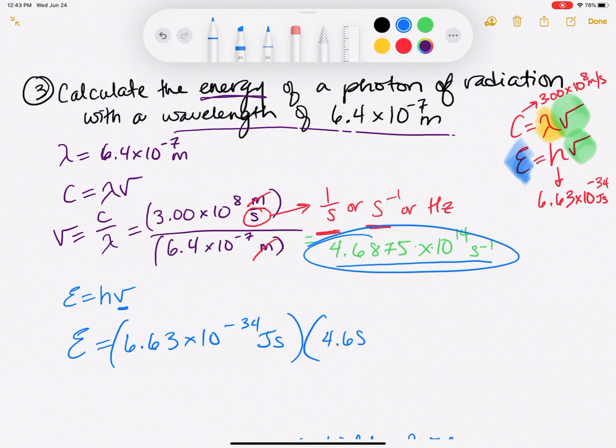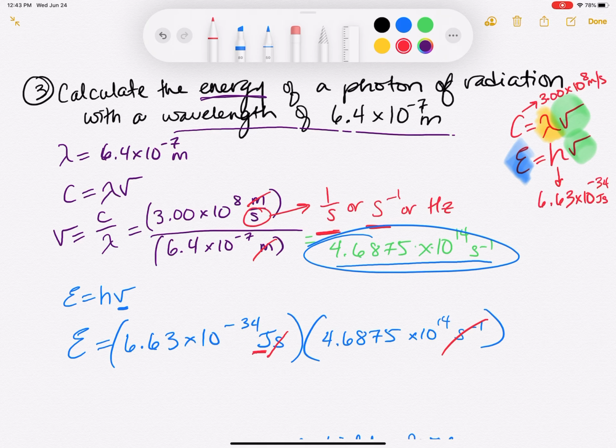So 4.6875 times 10 to the 14th, s to the negative 1. And hopefully now you also have a chance to see that s and s to the negative 1, those are reciprocals of each other. Your remaining unit here is joules, and that's your main unit of energy.